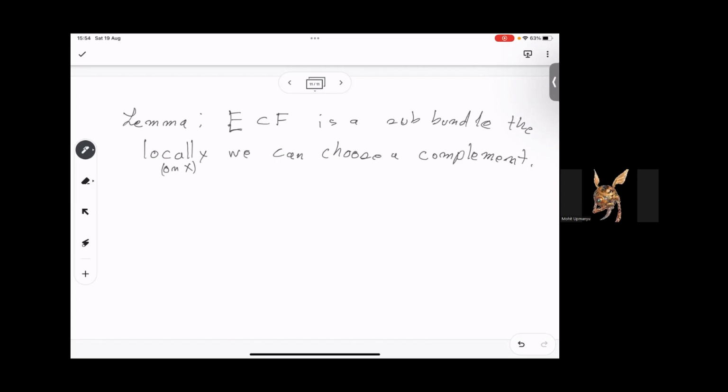If E_x is a subspace of F_x, then what I want as a complement is a complementary subspace. So on a neighborhood of small x, I can choose a complementary subspace, for every small x.